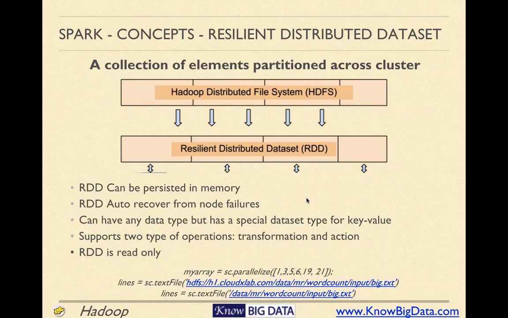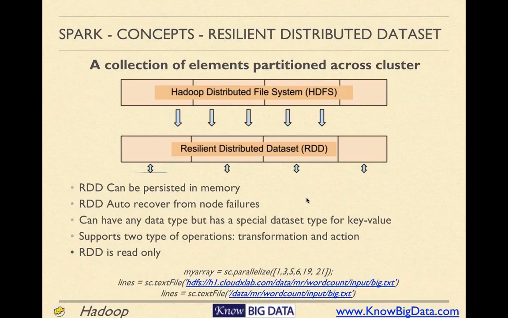Basically, the Spark folks came up with a data structure which looks like a big array of values. The property of this array of values is that it is distributed. It's spread across multiple machines.